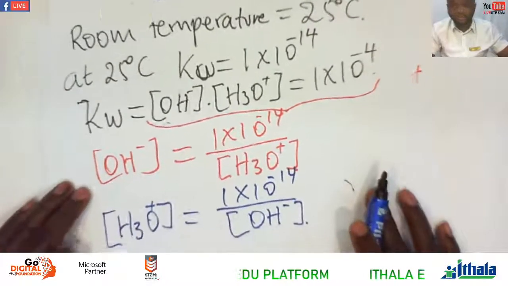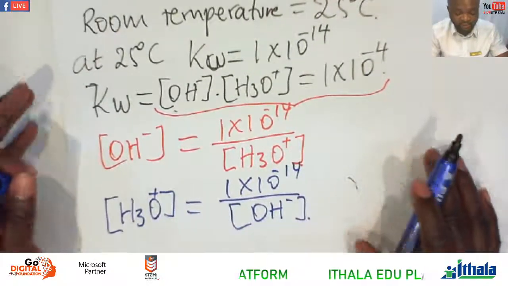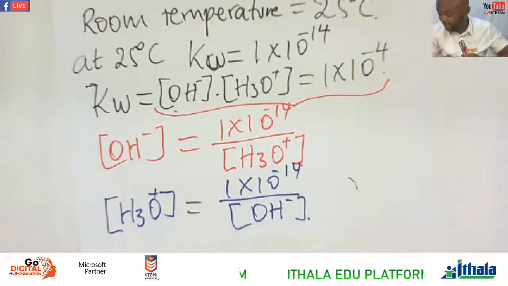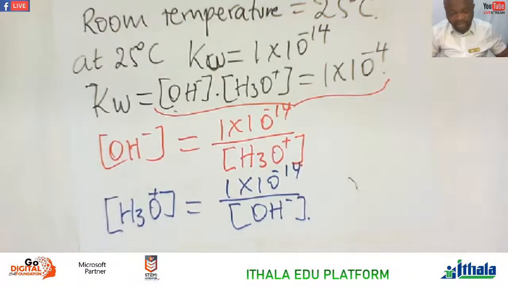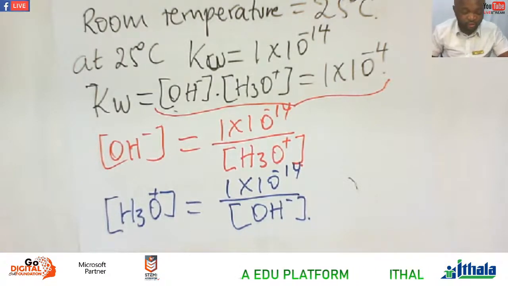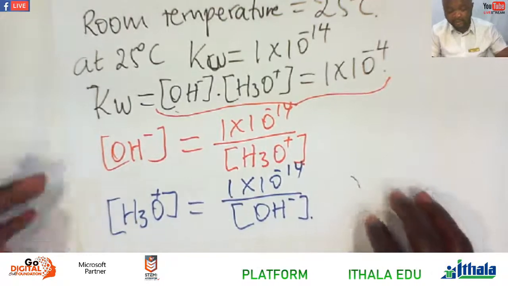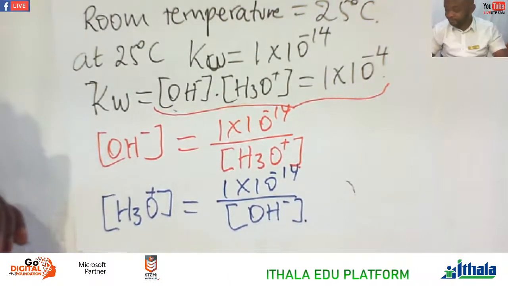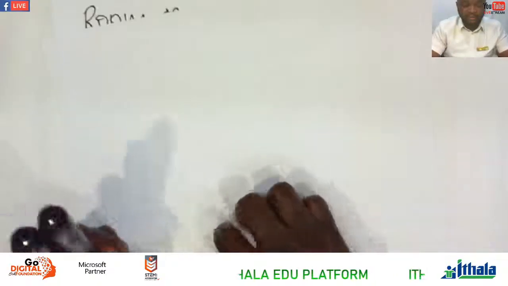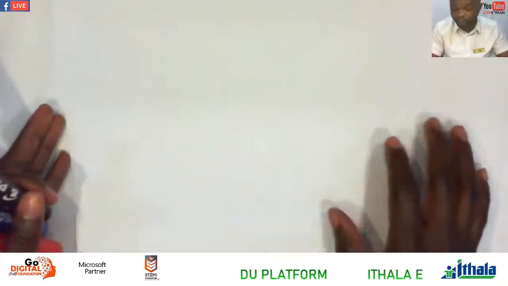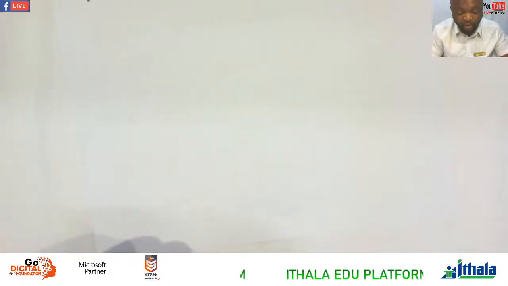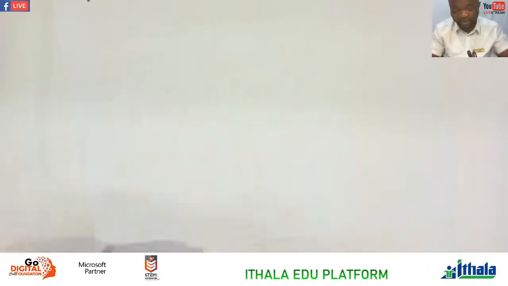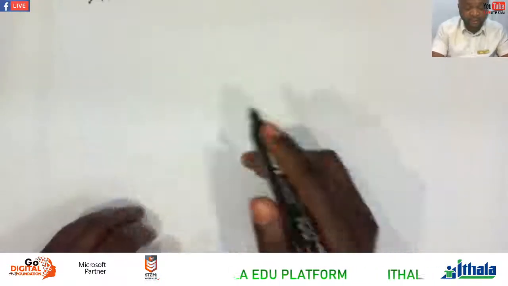This simply means that if you know the concentration of OH minus, you are able to find the concentration of H3O plus, right? Now let's take just one example here, so that we can apply this equilibrium constant of the self-ionization of water.